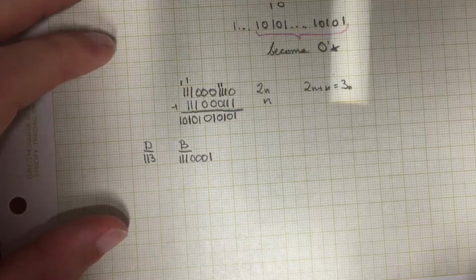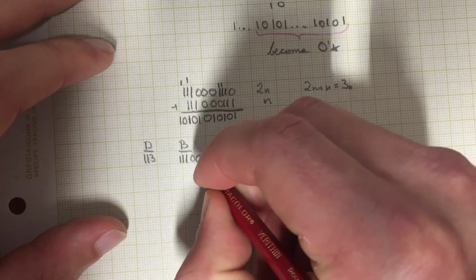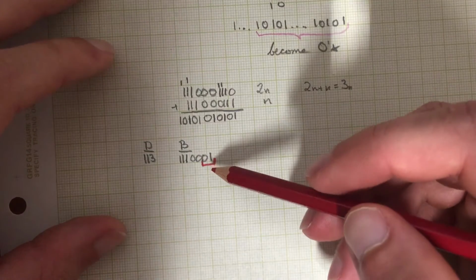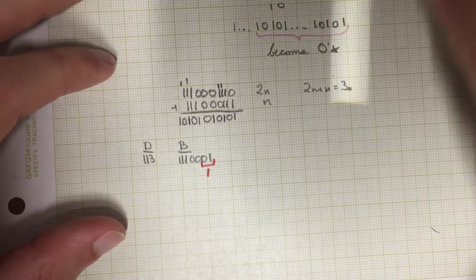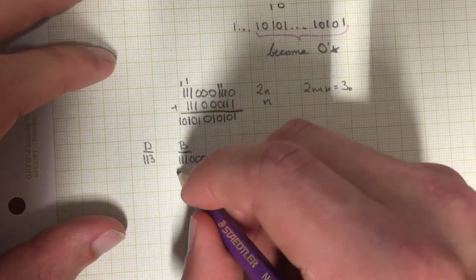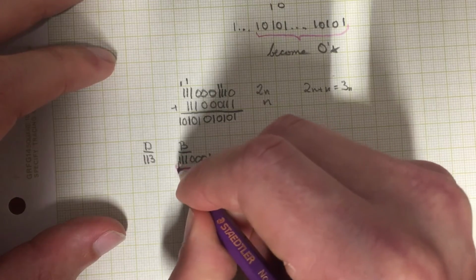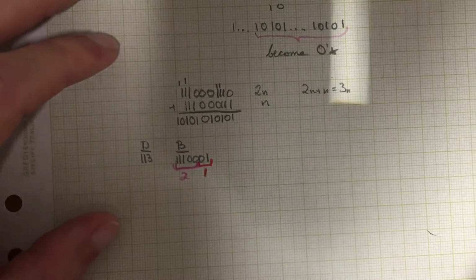This is our first part of our number. These are the zeros that are going to be generated. We're going to get 2 zeros from the first odd step, and then the remainder of the number is going to come from the second odd step.